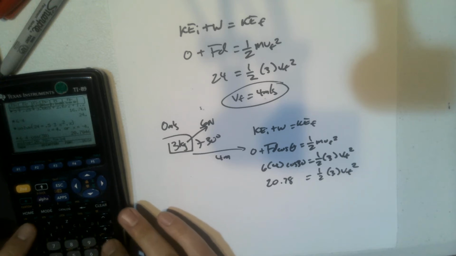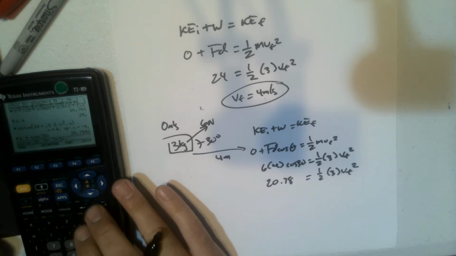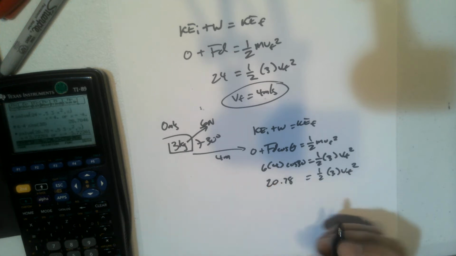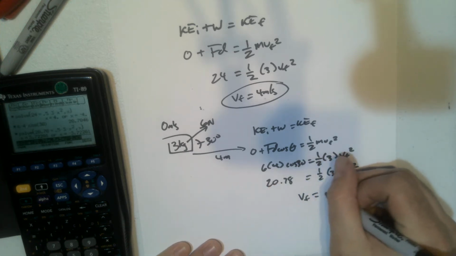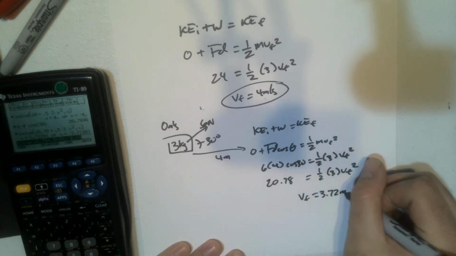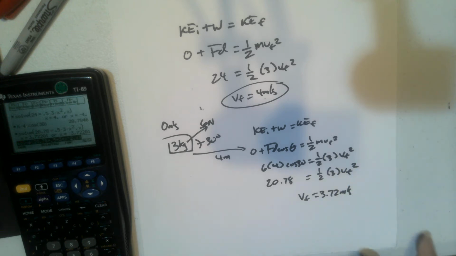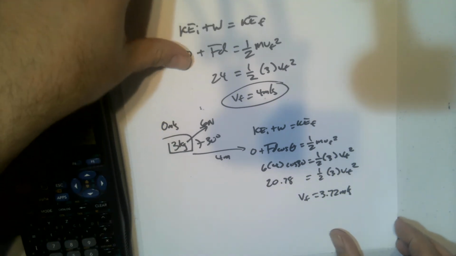So when we calculate vf based off of these numbers, I'm only going to get 3.72 meters per second. So applying it at an angle means that not all of that 6 is parallel, and in this particular case it added less kinetic energy to the system that we're looking at.